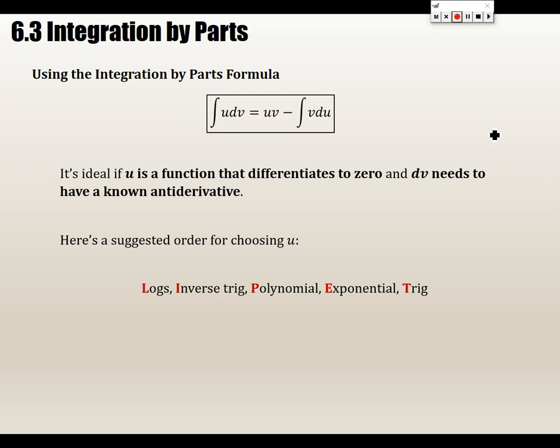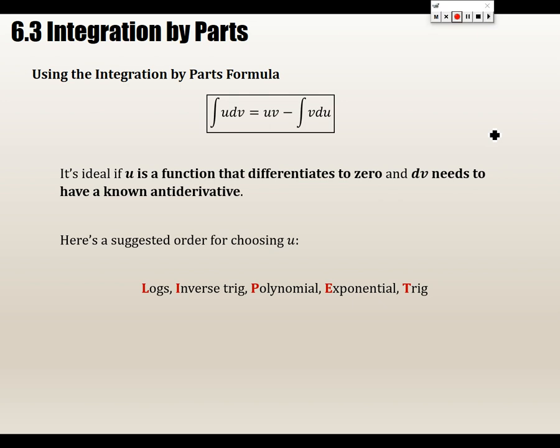Once you've picked one, you've also picked the other, so there's only one thing to choose, and that's u. Decide on what u will be by starting with maybe a log function. If you see a log function in there, let that be u. Or if there are no logs, choose an inverse trig function. If there are none of those, choose polynomials.